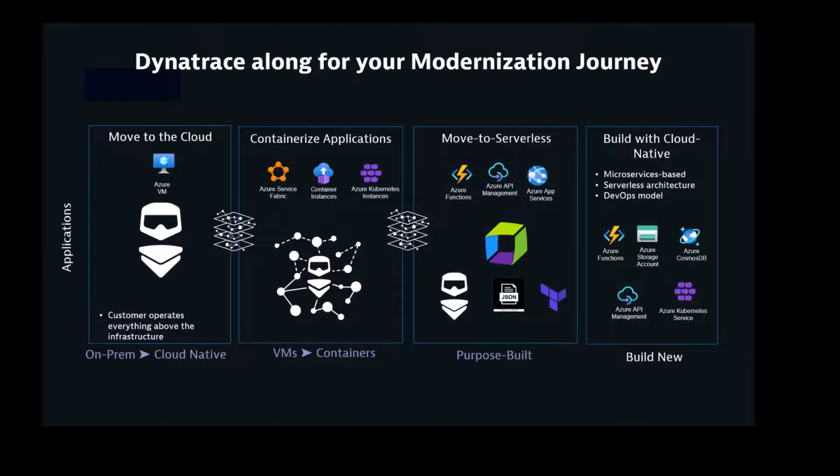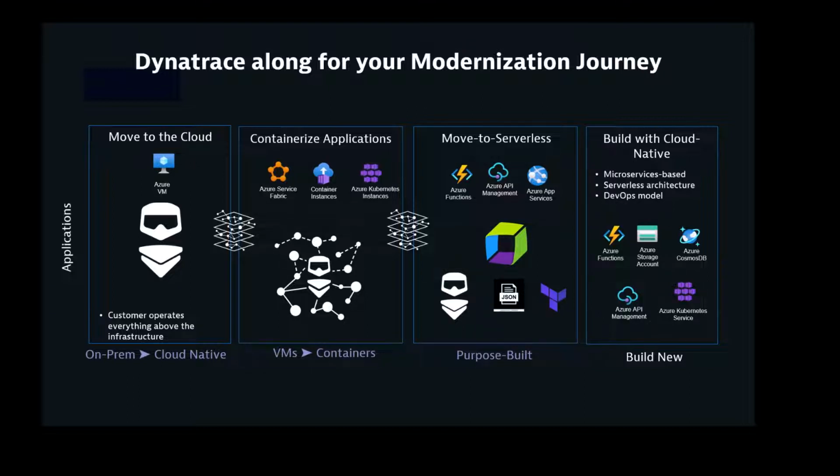Now, as you go down the modernization journey, Dynatrace can help manage that complexity and simplify many things. While you're on-prem or operate in a hybrid cloud scenario, you can easily deploy our One Agent and take advantage of the auto instrumentation it provides to give you insights into what you're migrating and the current health of them.